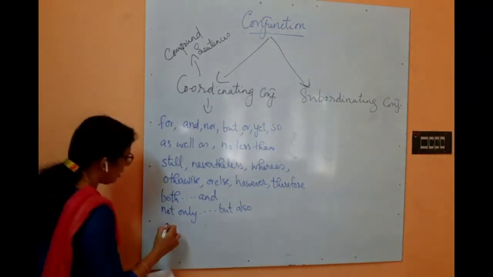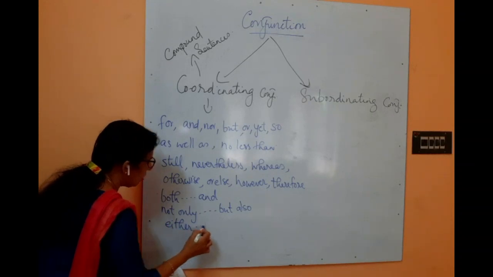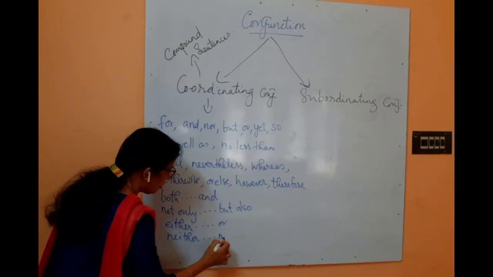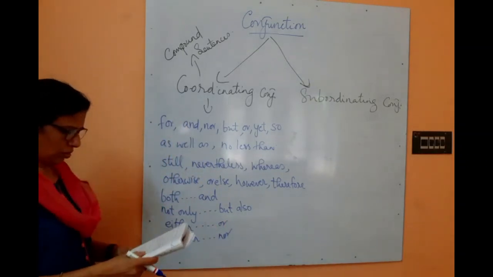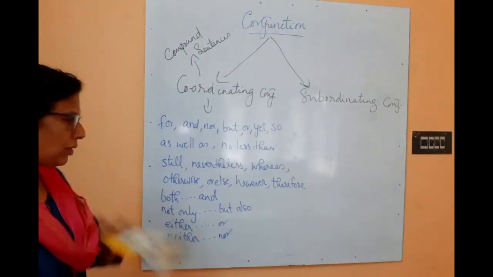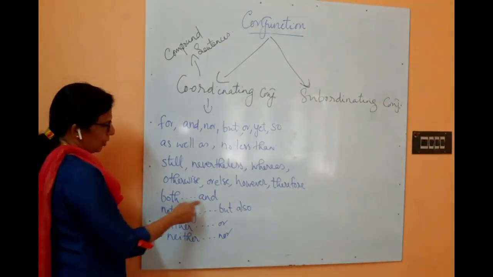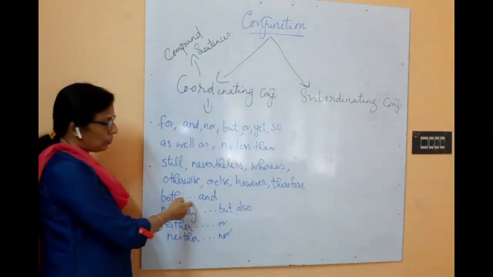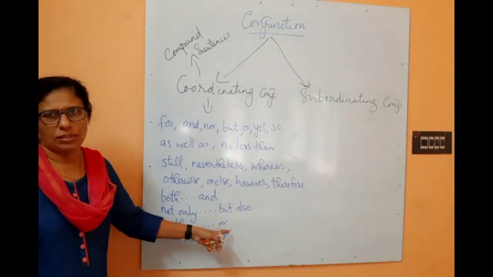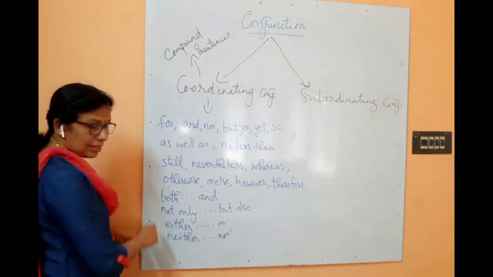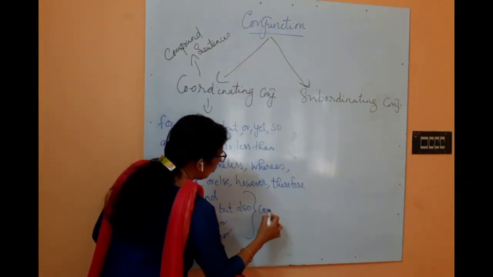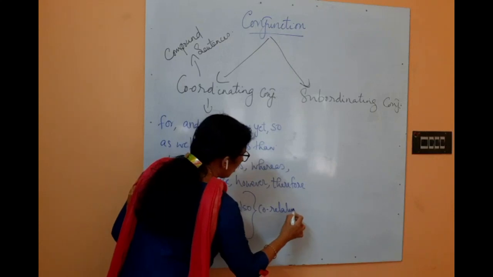Here there are two words, and these two words are not used together. You can see the dots in between, so you have to use them in two different places. These conjunctions have a special name. What are they called? Correlative conjunctions.